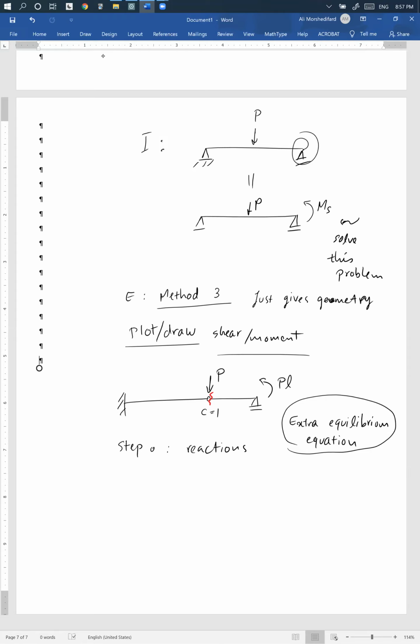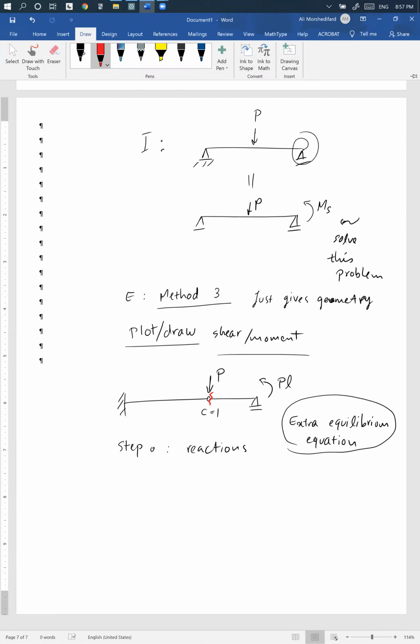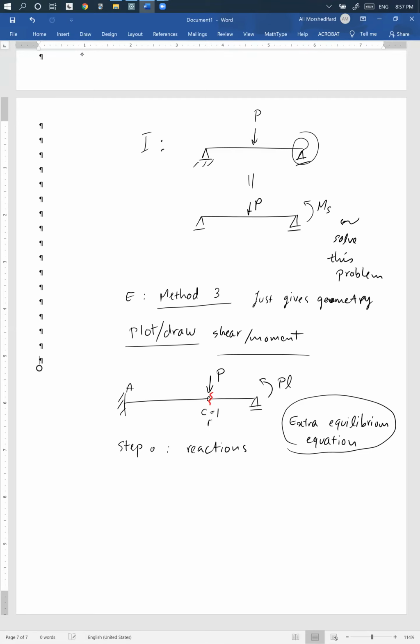If I look at just the right side, if I make a cut just to the right of B, let's call this A, B, and C. So when I cut here, because of the constraint, let me call this R1, R2, ML, and this can be R3.